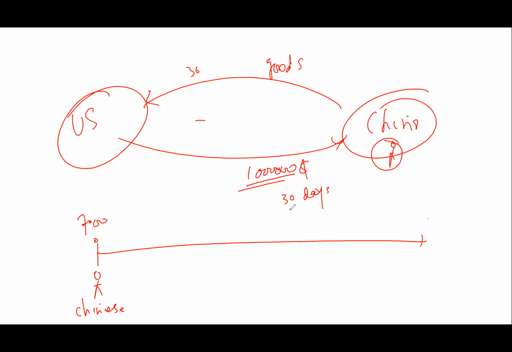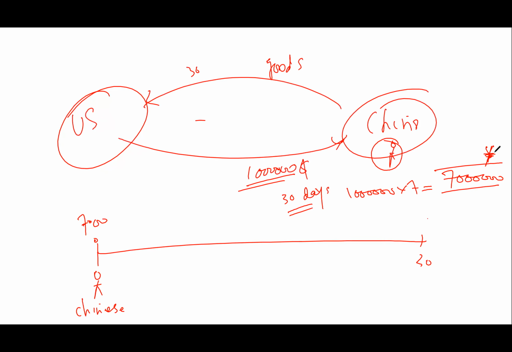And if he's a layman, he expects that at the end of 30 days, I also expect $1 million, convert it into yuan, I will be receiving 7 million yuan, right?